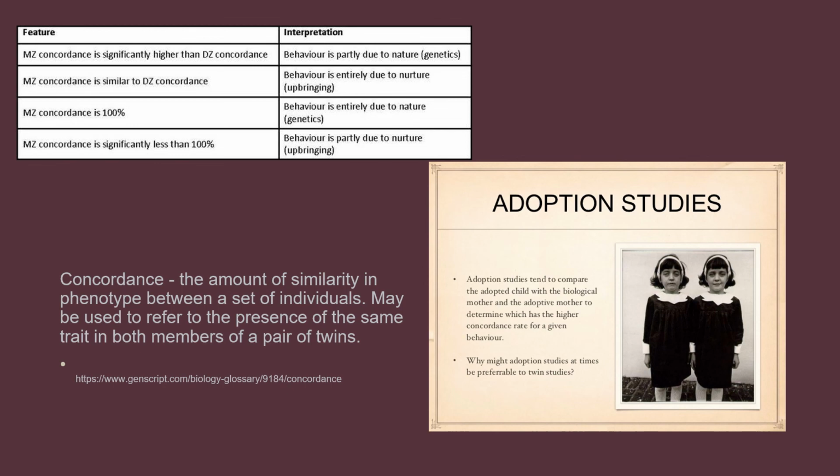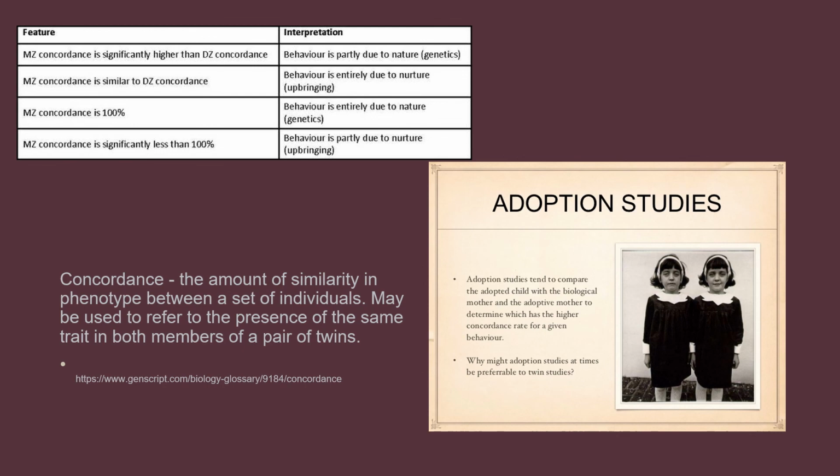Monozygotic concordance is significantly higher than dizygotic concordance. So, with that, behavior is partly due to nature. And then, MZ concordance is similar to DZ concordance. Kung pareho lang yung monozygotic twin dun sa dizygotic twin, behavior is entirely due to nurture or upbringing.